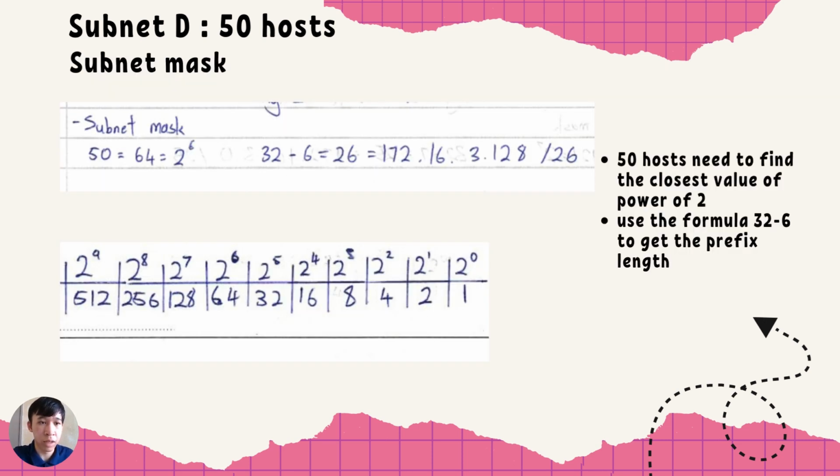Okay, for the subnet mask calculation, we need to find the closest value for the 50 hosts. So we will use 2 to the power of 6, which is 64, to fit 50 hosts. After we get the power value, we need to use the prefix length formula, that is 32 minus 6, which equals 26 for the prefix length for this subnet.